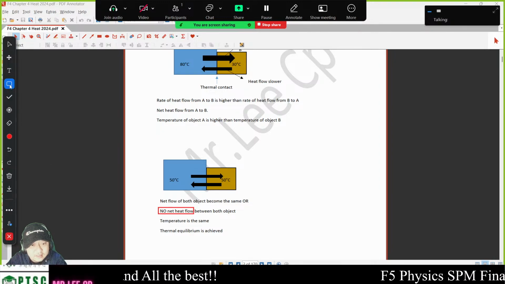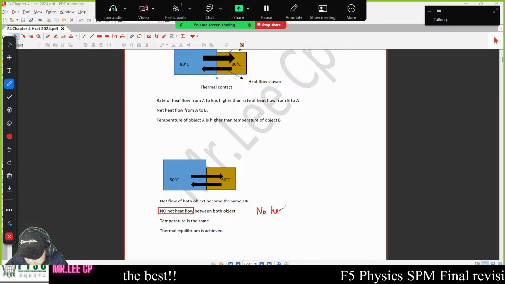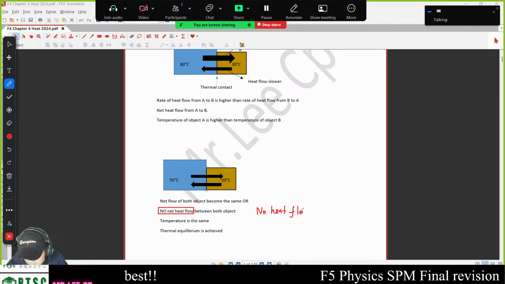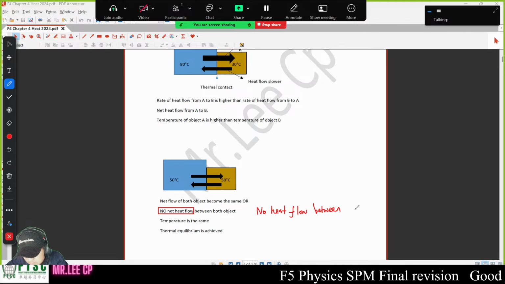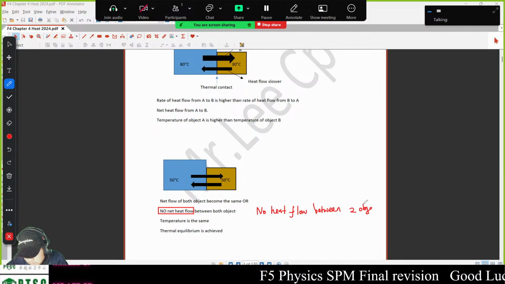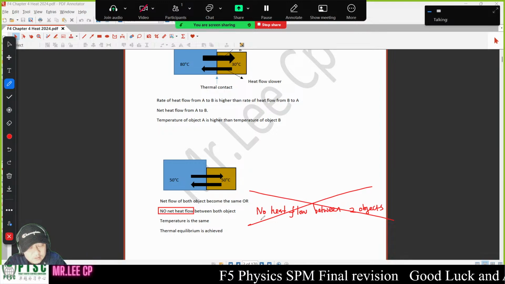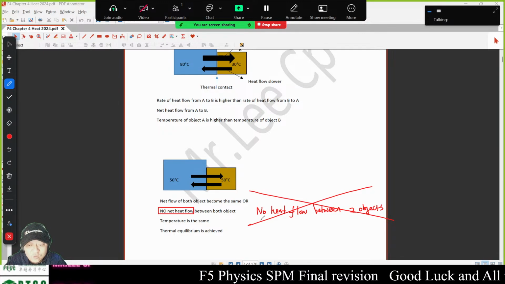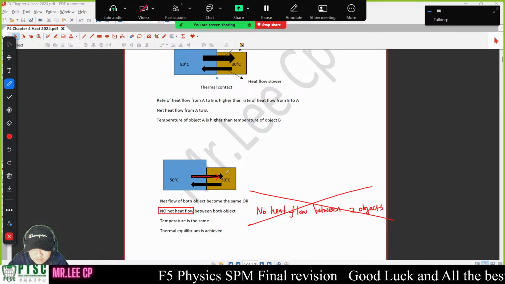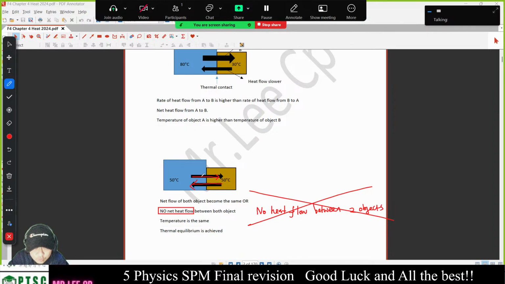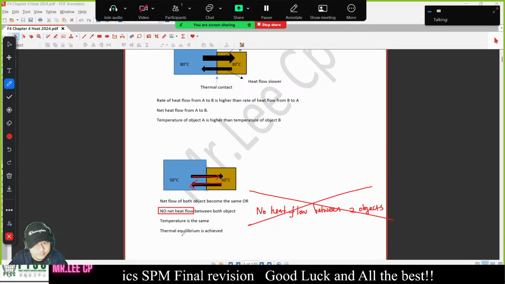But if you say no heat flow between two objects, this is wrong. No heat flow is wrong. It must be no net heat flow, because the heat still flows from A to B and from B to A, and it is the same. You need to know.